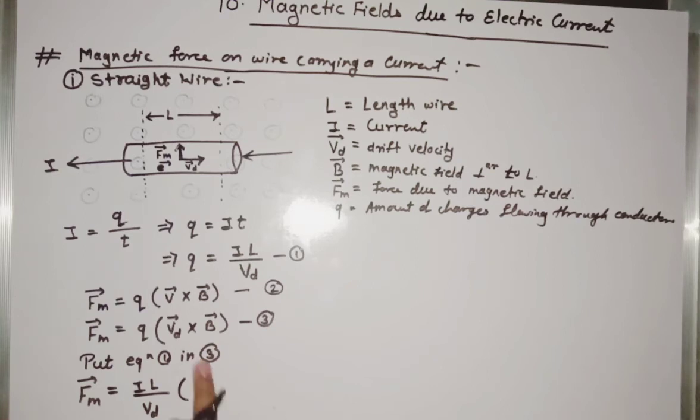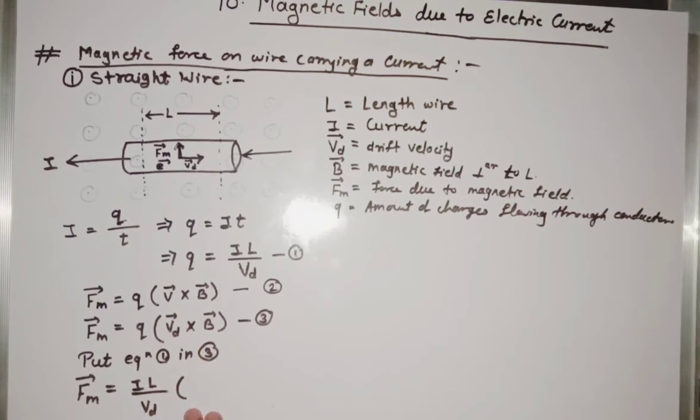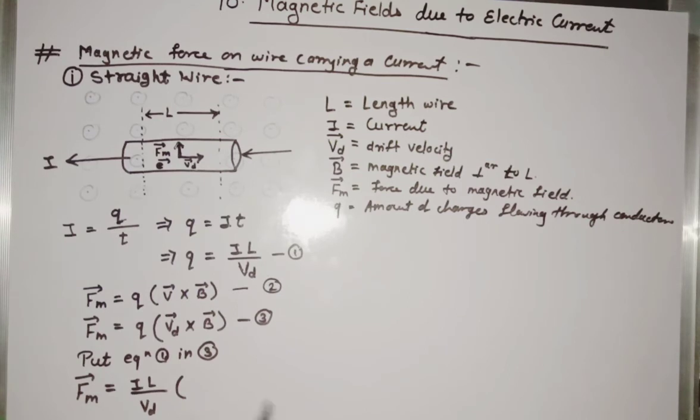Now look here, this is the cross product between the two vectors. How will I be able to write this cross product? V suffix D, I'll write it as the product of the magnitudes of the two vectors, V suffix D into B into sine of theta and the unit vector n cap.